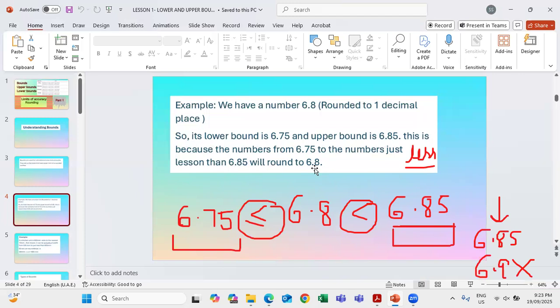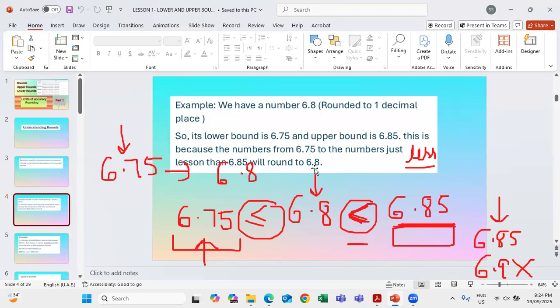We want 6.8. So always remember, we will write 6.85, but we will not include that value. We will keep it less than 6.85. Whereas on the lower side we kept 6.75 because 6.75 is the lowest value which, rounded to one decimal place, gives 6.8.